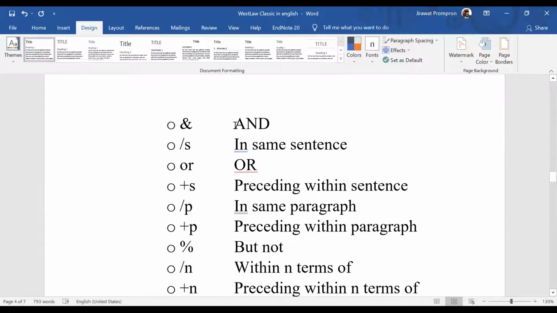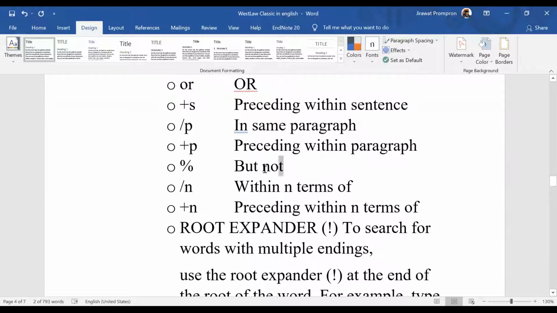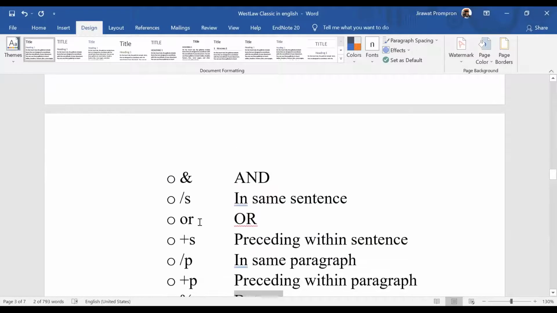Most of you are familiar with this. You can use the ampersand symbol, or you can use both lower and upper case characters. And but not, you can use the percent. This is the basics, and you get more advanced. I will show you more advanced later.